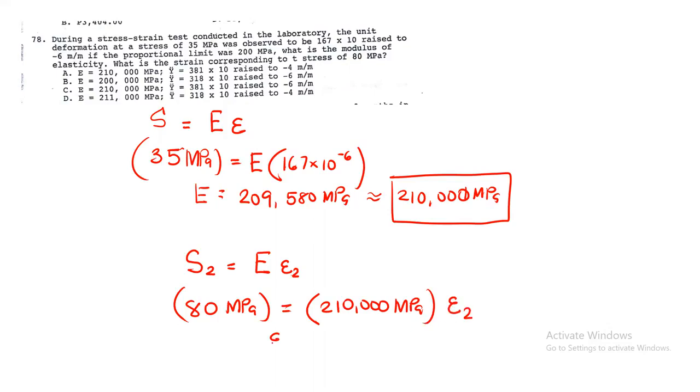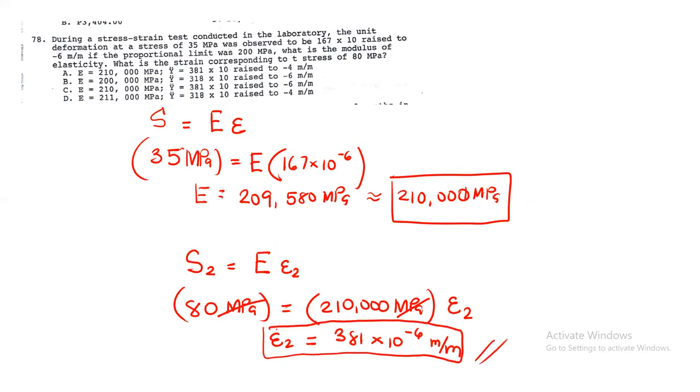Ang strain 2 natin is 80 divided by 210,000, is 381 times 10 raised to negative 6 meter per meter. Unitless or pwede ring meter per meter kung gusto mo. So, the answer is letter C.